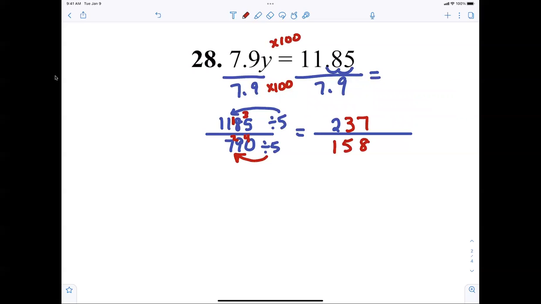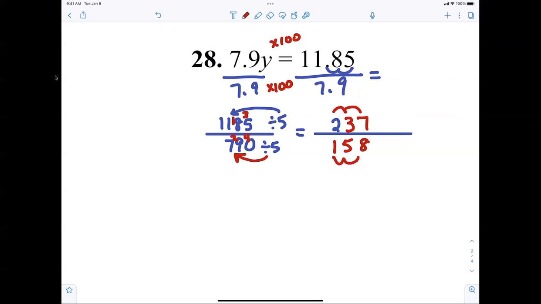Now, I'm trying to figure out, does 237 and 158 have anything in common? I don't even know if there's anything common on that. I'm agreeing with you that we should check. 3 definitely goes into the top. Why does 3 go into the top? Because when we add the digits, it comes up to 12. But if I add the digits down here, does it come up?